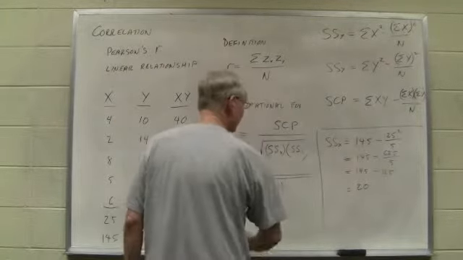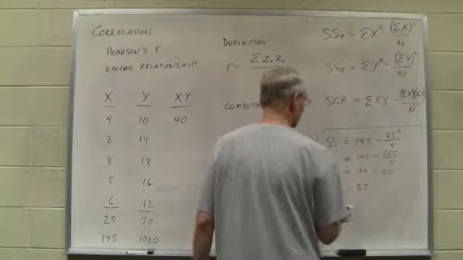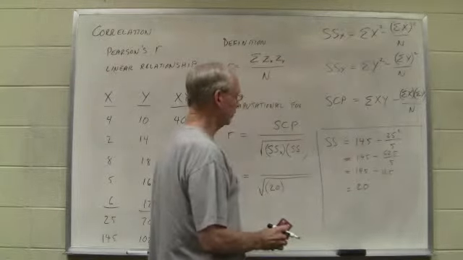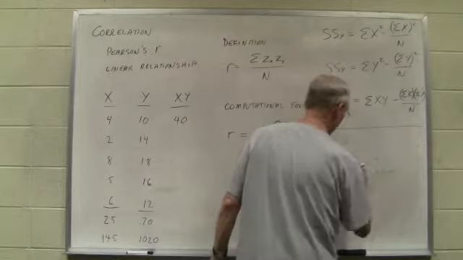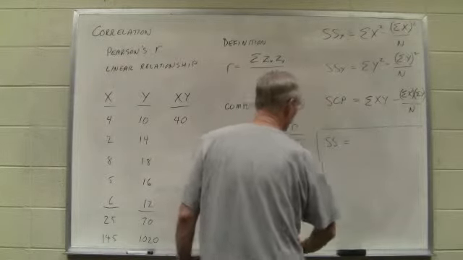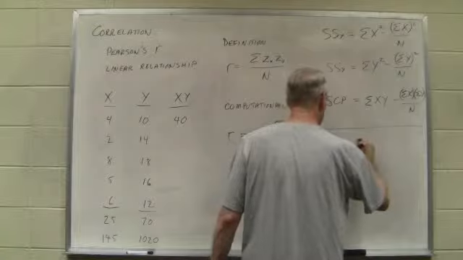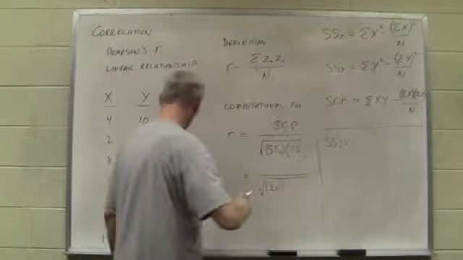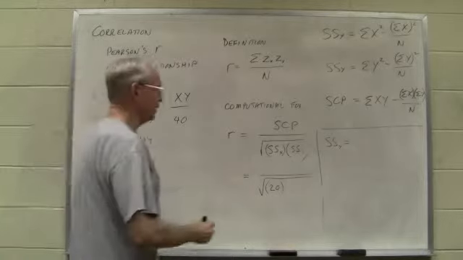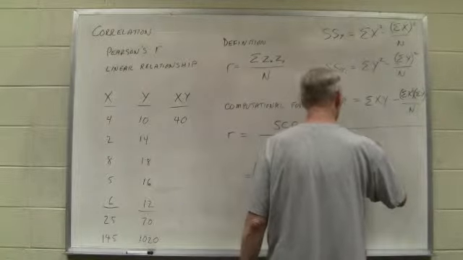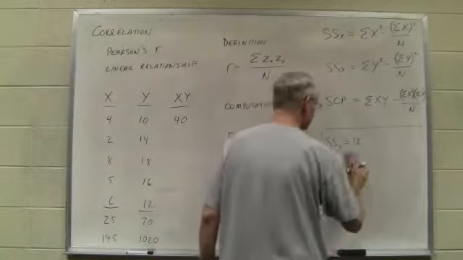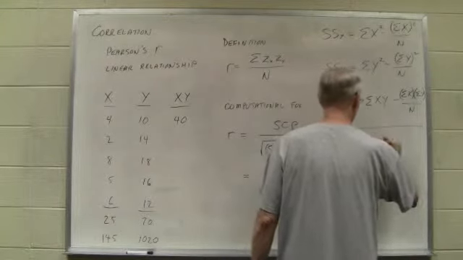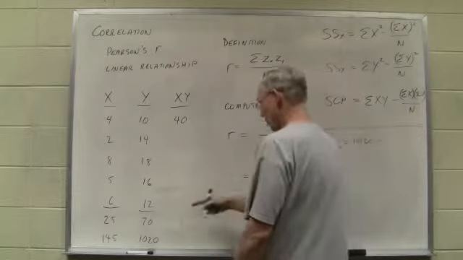Now I'm going to compute the sum of squares of y's. So what I just put up, I'm getting ready to erase. Sum of squares for the y's. Well, that's going to be the sum of all the y's squared is the first term. That was 1020, minus the sum of all the y's, the quantity squared.